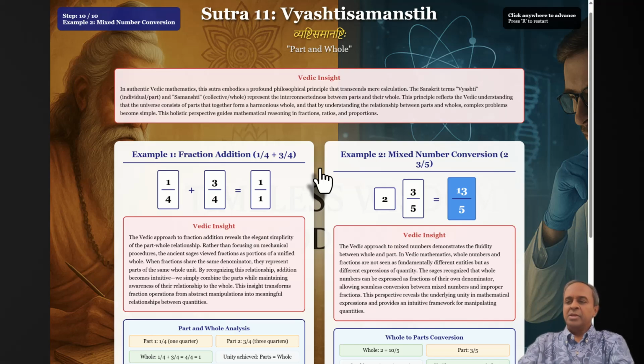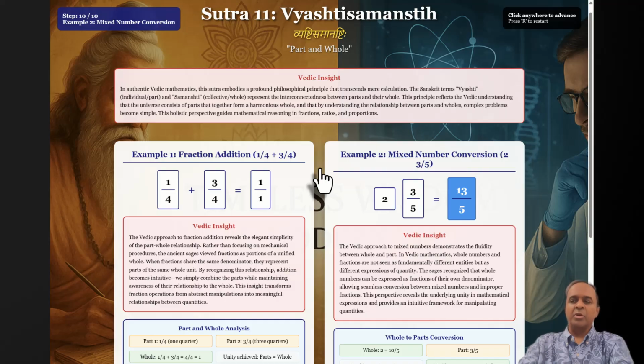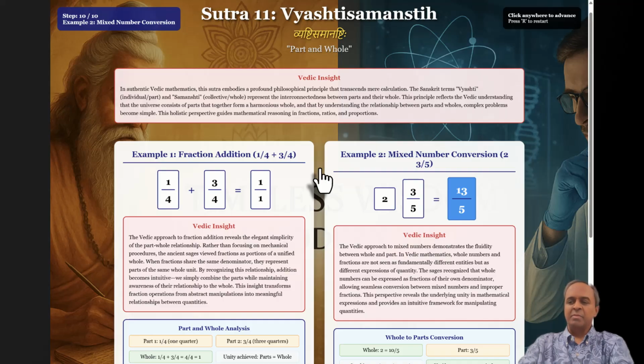So if you look at this particular sutra, it basically teaches us to see the underlying unity in mathematical problems. So by recognizing relationships between the parts and the wholes, we can approach fractions, mixed numbers, and other mathematical concepts with greater clarity and insight.